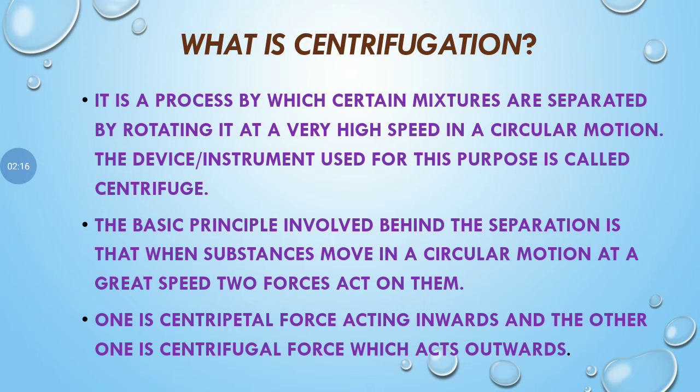If any object is moving in a circular motion, two forces are always acting. One is centripetal force and the second one is centrifugal force. The centripetal force acts in the inward direction and the centrifugal force acts in the outward direction, and both forces are exerted on the components of the mixture and the components of the mixture get separated.